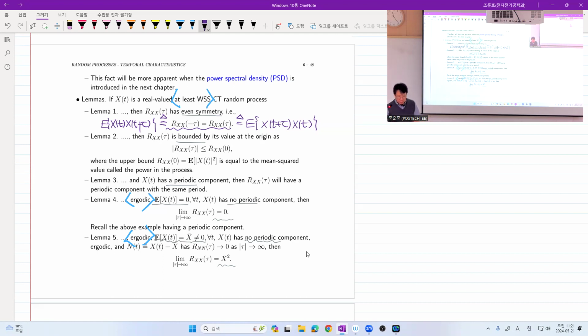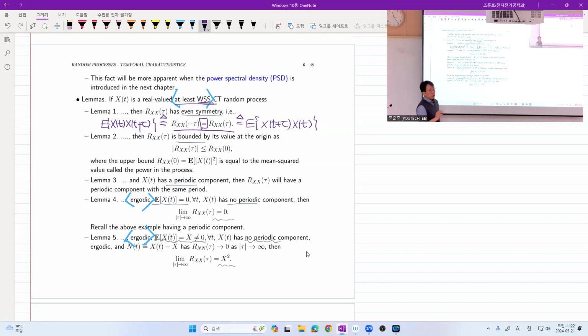So in this sense, what do you have? The autocorrelation function of a real wide-sense stationary random process is a symmetrical function. By the way, even though I said wide-sense stationary, the lemma says at least wide-sense stationary. What does that mean?